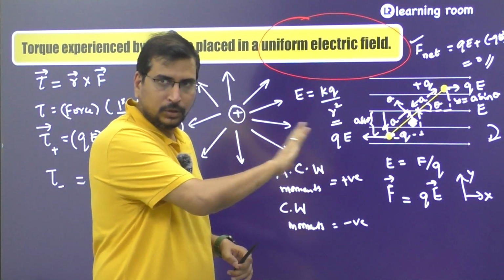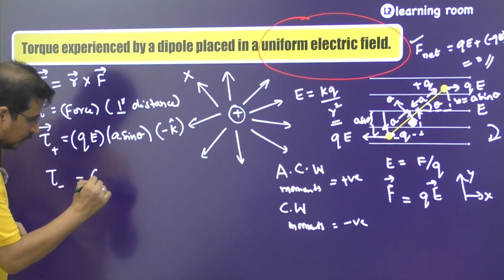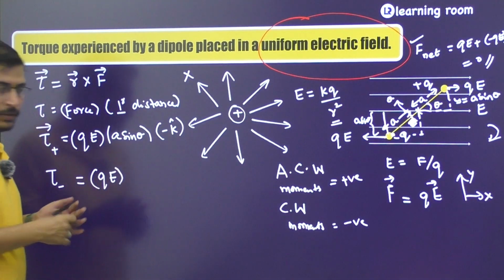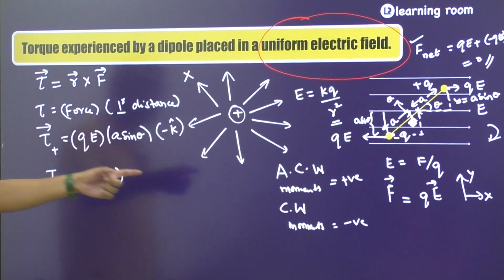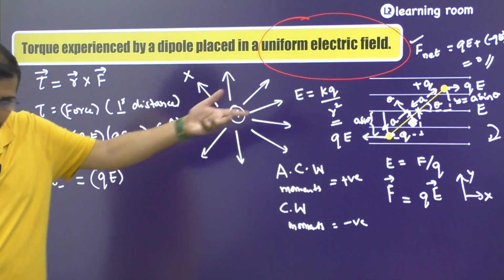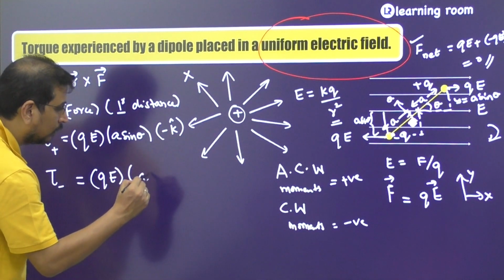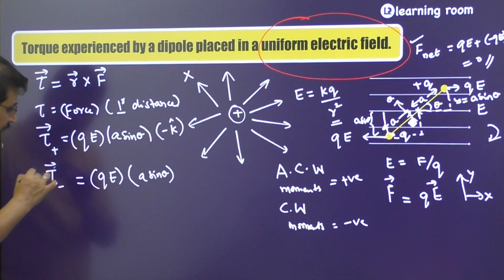It's there on the board, QE. I'll write only QE because I've already assigned the direction. Then what is the perpendicular distance from here to the axis of rotation? That also I've written on the board. Perfect. This is the scalar part. Now I need to write the vector part for it.